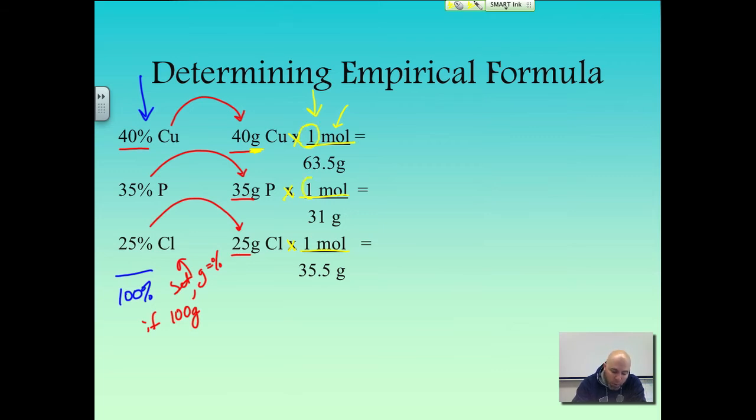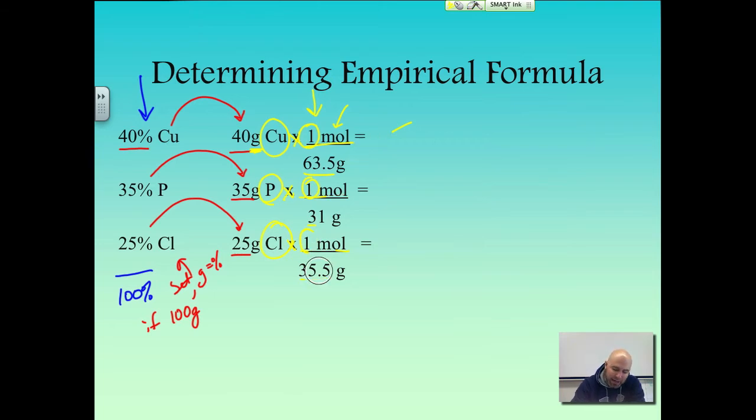The number for moles is always 1. The number for grams is off the periodic table. So I look up copper, and copper is 63.5. I look up phosphorus, it's 31. I look up chlorine, it's 35.5.